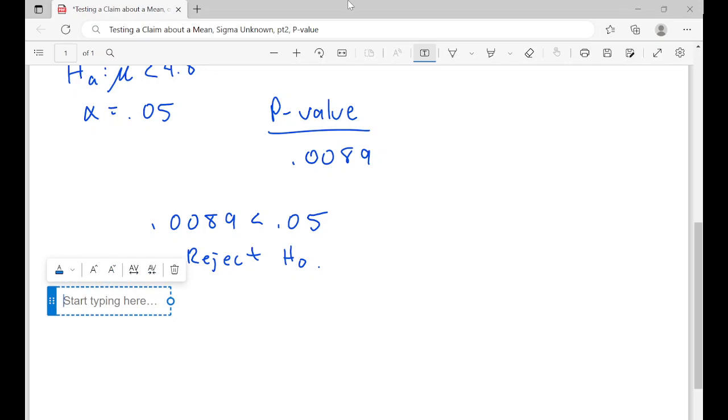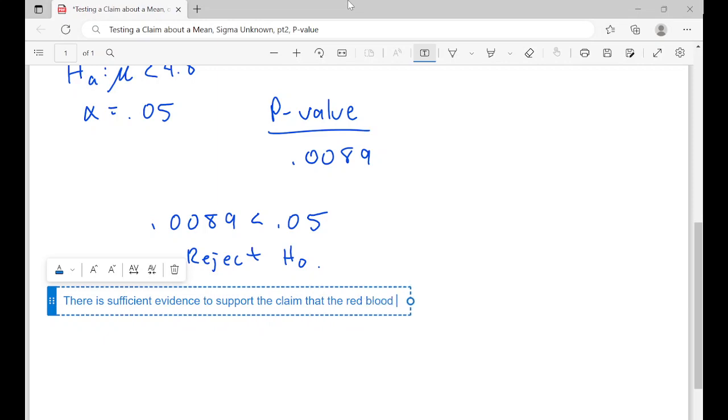Since we've rejected it, we say that there is sufficient evidence to support the claim that the red blood cell count for the patient is less than 4.8.